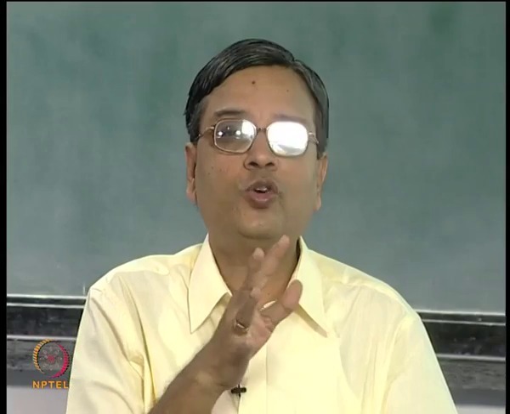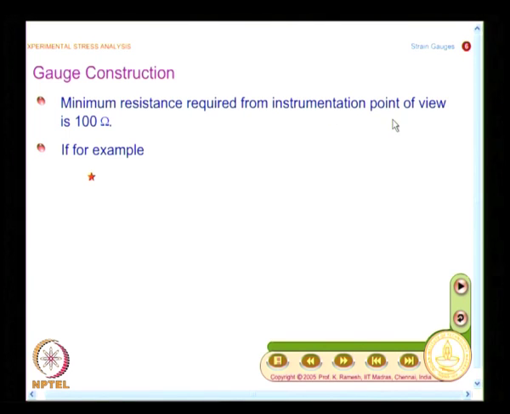That is how you will have to have a thumb rule. When you are designing an experiment, at least 100 micro strain should be developed at the point of interest for you to reliably measure. So, from the instrumentation point of view, what is the minimum resistance that you have?